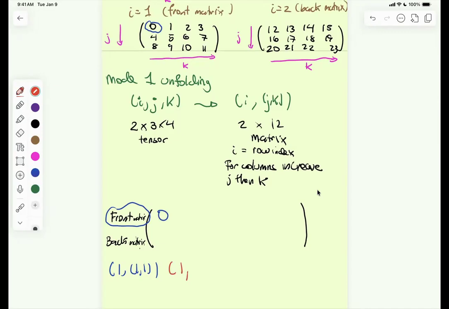So I can increase J to 2, and I'll keep K being 1 first, because I'm increasing J first. Okay. So you have to say, okay, what is 1 2 1? So again, you look at the front page, you look at the second row, and then the first column. So that is the 4 here.